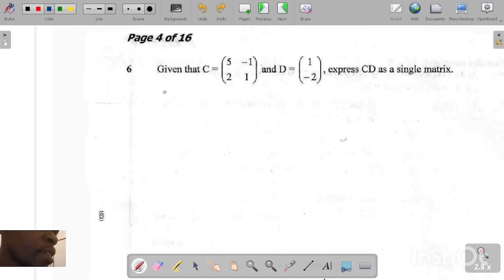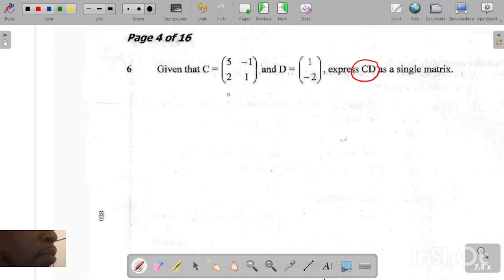Number 6, given that C is this matrix and D is this matrix, express CD as a single matrix. Whenever you have matrices expressed like this, it means they want you to multiply the matrices.